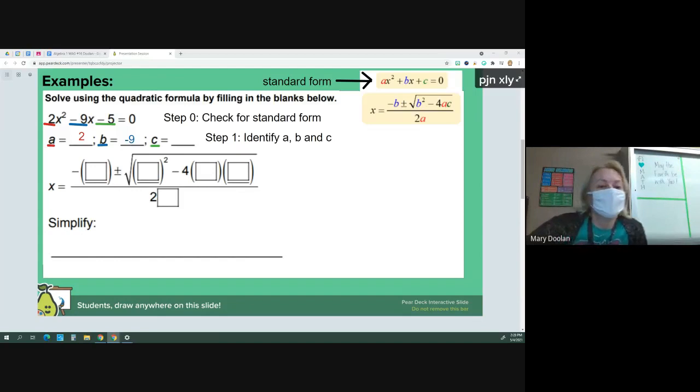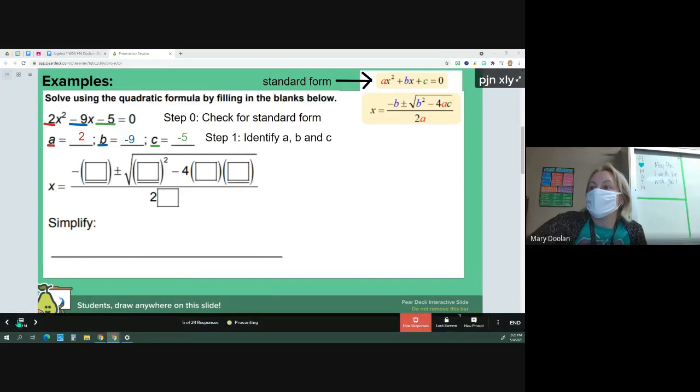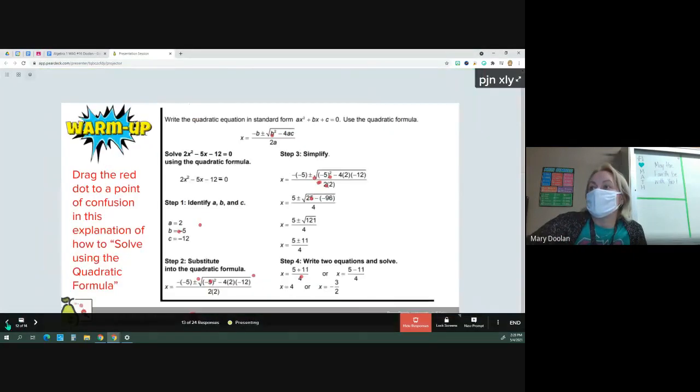Is it positive 5 or negative 5? Yeah, negative 5. So we have now identified a, b, and c, and we're ready to go to step 2. Step 2 says substitute into the quadratic formula.